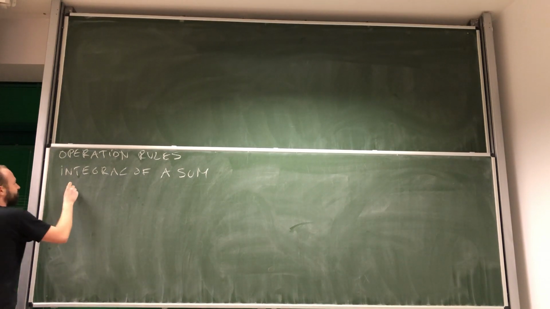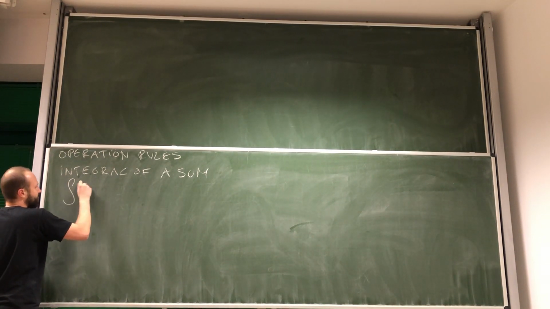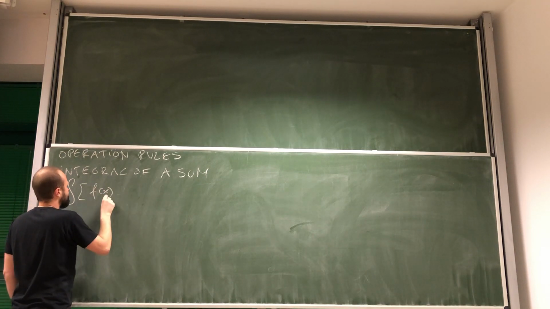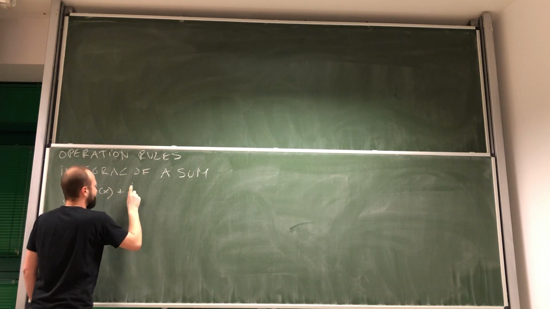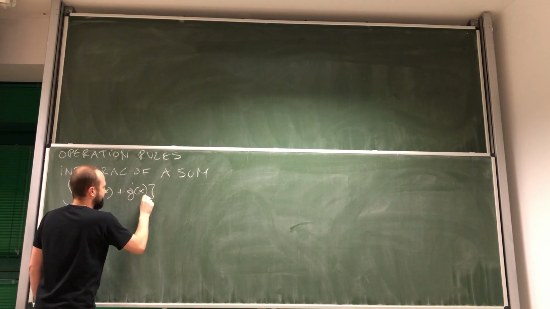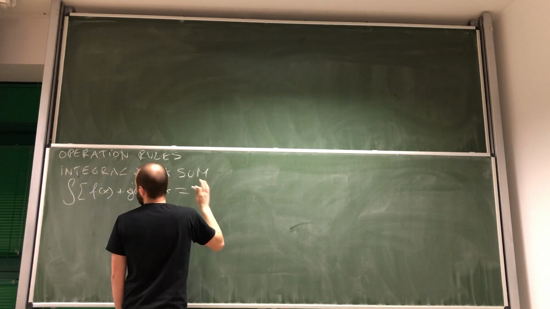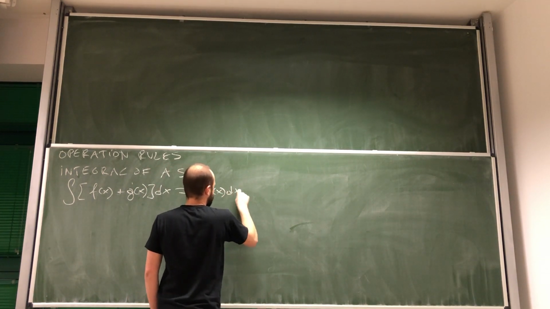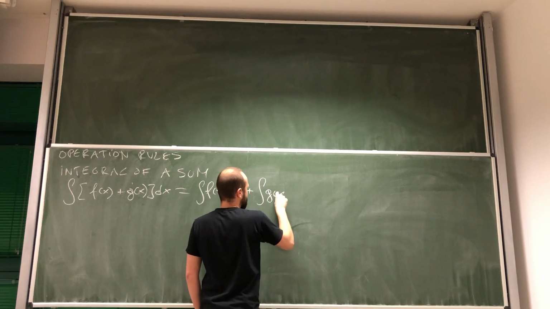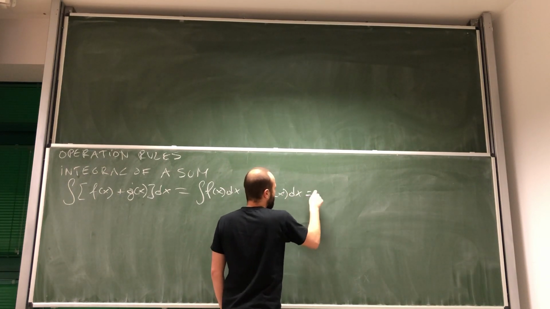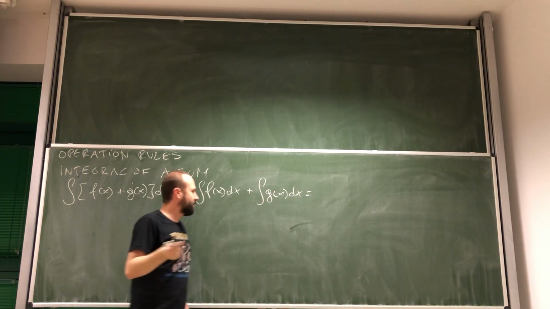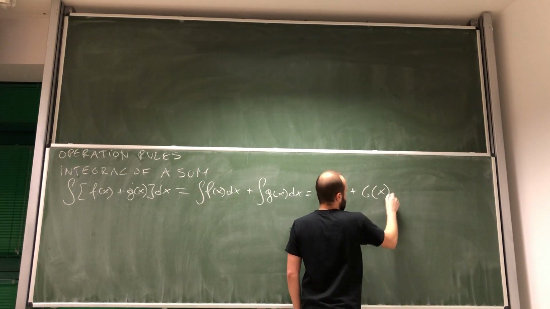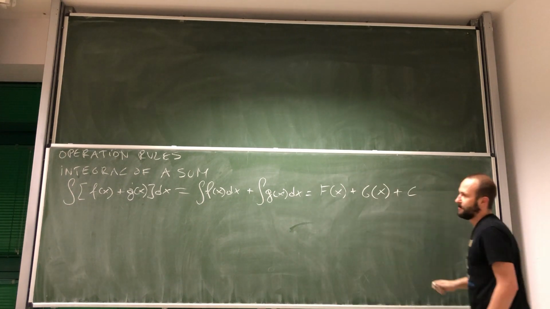This rule states that the integral of two functions, f of x plus g of x dx, is equal to the sum of integrals, which in turn can be found as F of x plus G of x plus c.